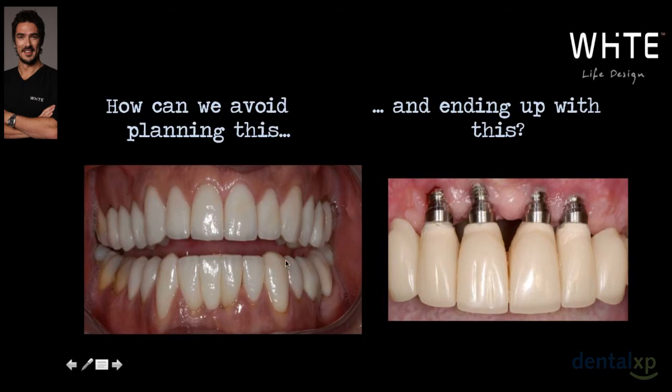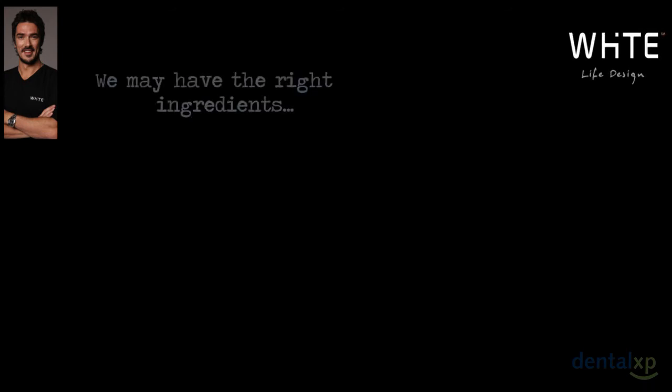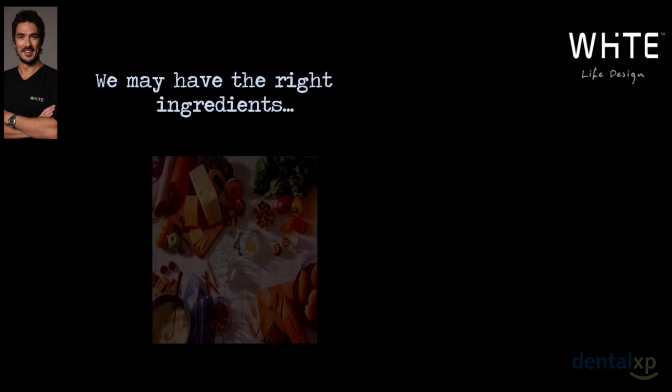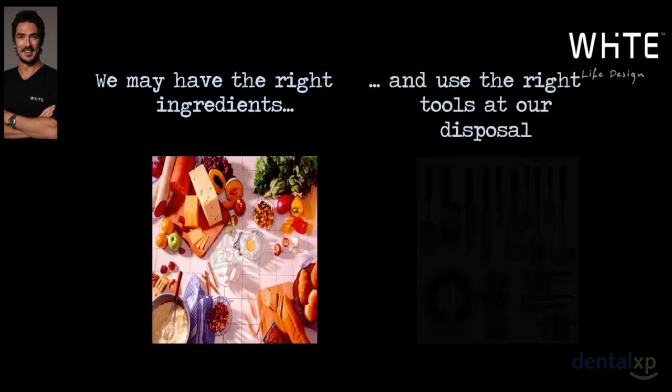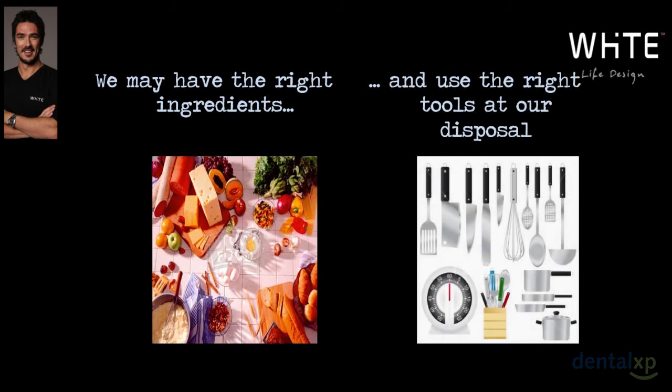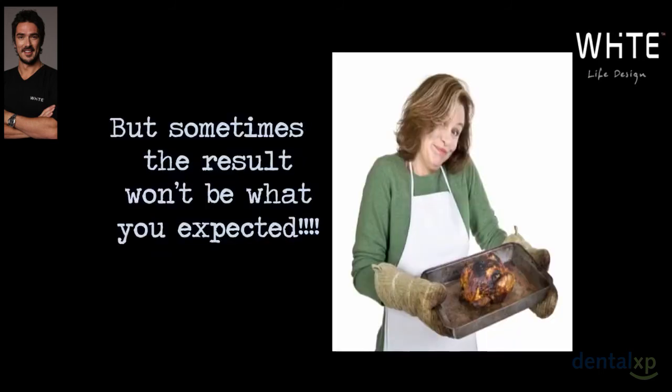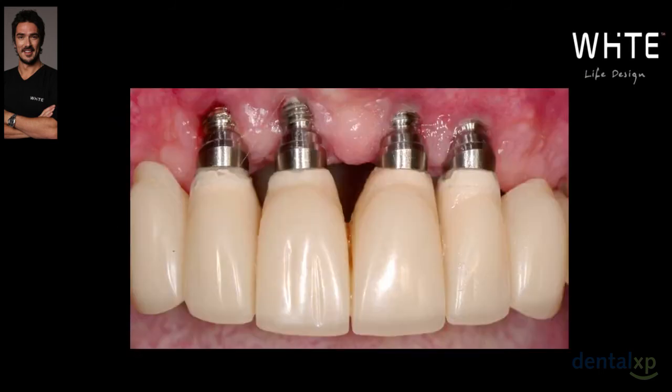But from theory to practice, we all know that there's a very big divide. So we might have the right ingredients and choose all the right tools, but not always have the best result. Fortunately this is not one of my cases, this is a textbook case. And I'm sure the surgeon did everything right.